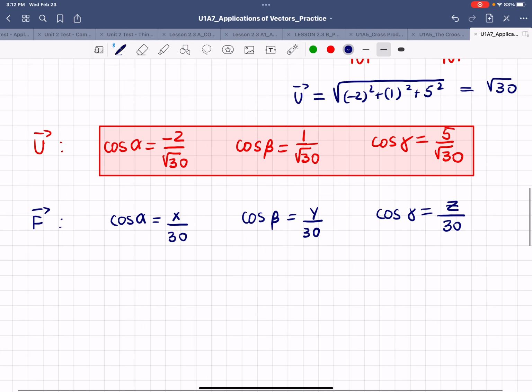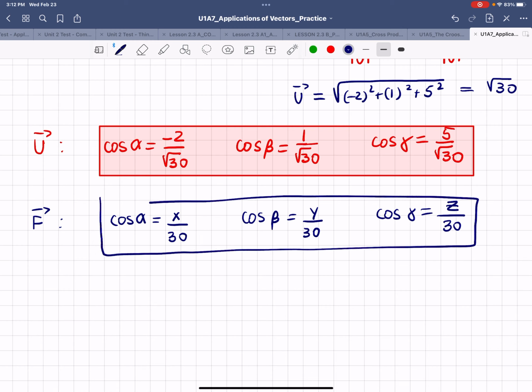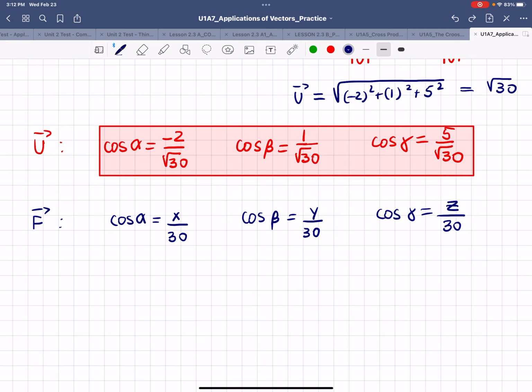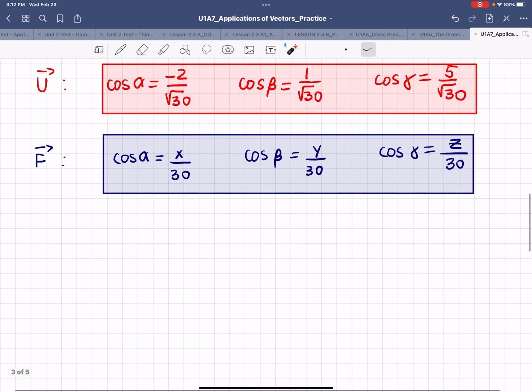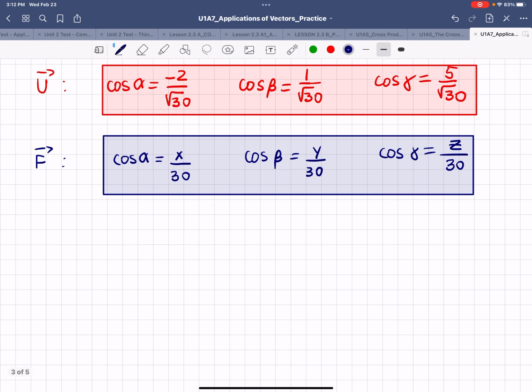Now, when we look at the direction cosines for vectors u and F, remember that they go in the same direction, right? Then the respective direction cosines must be equal. We're talking about the same angle alpha made with the x-axis. So this allows us to state that -2 over root 30 equals x over 30.